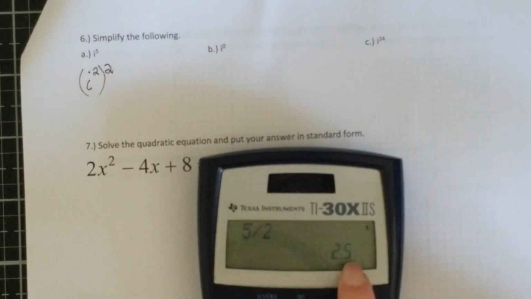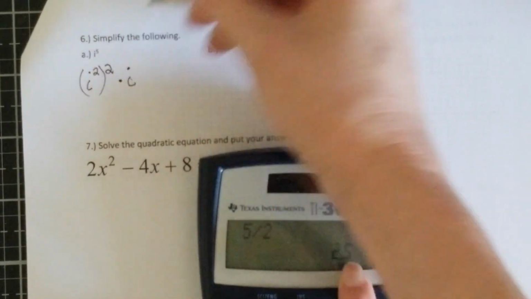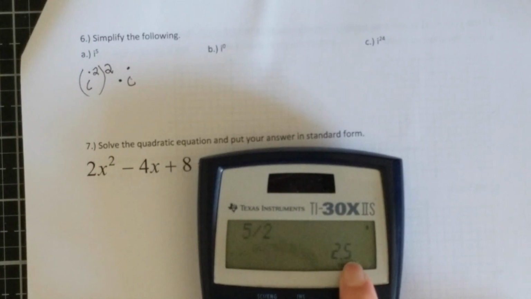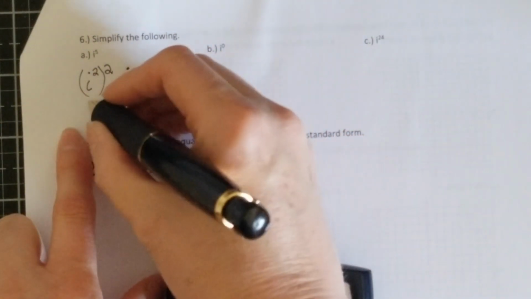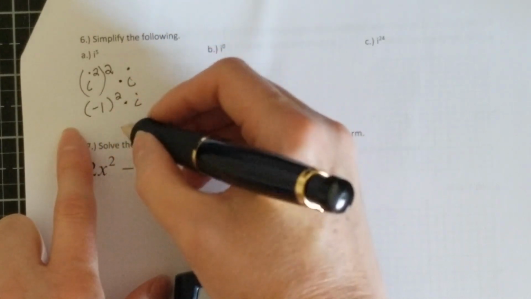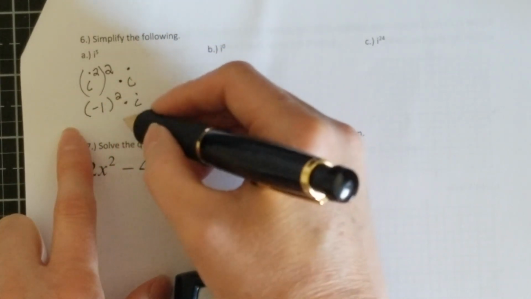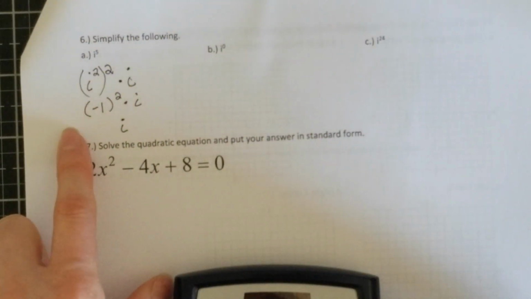And the 0.5 means I need an i left over to make this exact. Recall the fact that i squared is negative 1. So this is negative 1 squared times i. So negative 1 squared would be 1. So this answer would just be i.